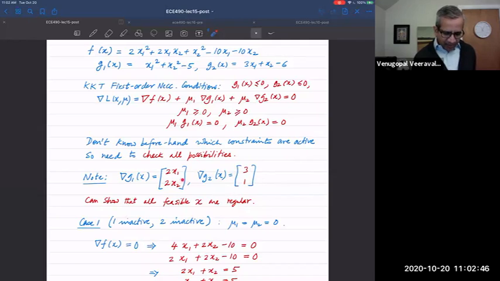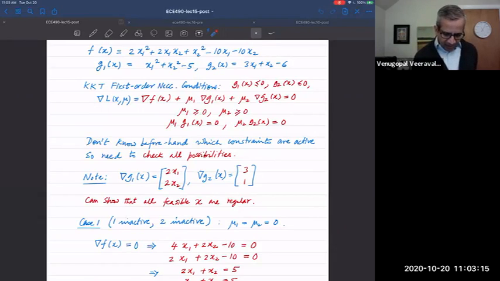It can happen for some x's. And so in that case, of course, these gradients will be linearly dependent, and for those x's, if they are feasible, it could be an issue, because the analysis that we do, the KKT conditions and so on, are really only for regular x, right? So it could have been a problem.